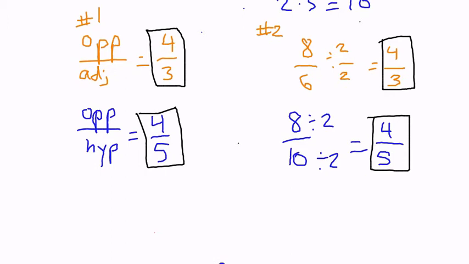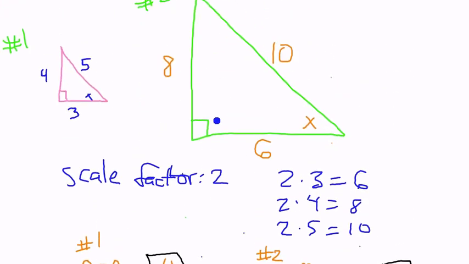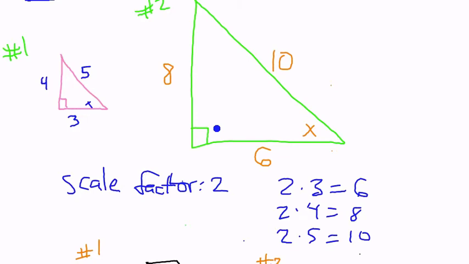Lastly, let's do adjacent over hypotenuse. Adjacent just means next to. For triangle number 1, we have two sides that are next to X, but one is the hypotenuse. The hypotenuse is the side that's opposite of the right angle, so the adjacent side is the other one that's next to X. That's 3.